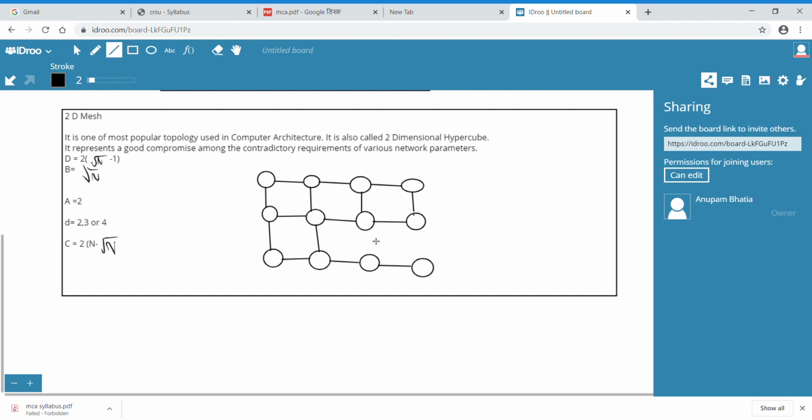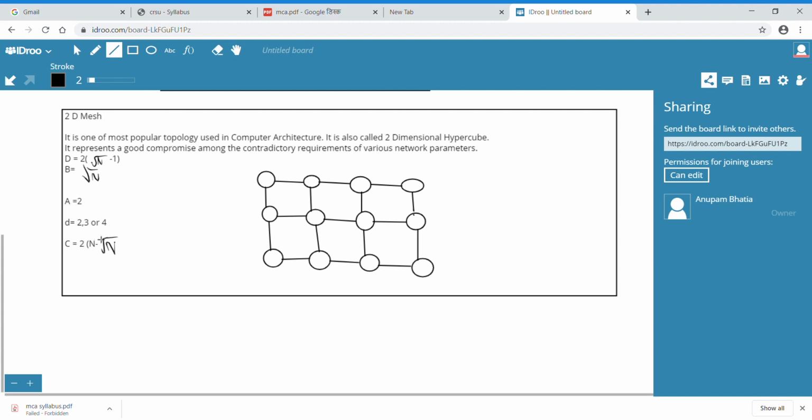These circles represent the nodes and the lines are basically connecting wires. Now see here, whenever you need to divide it into two different networks, you need to cut at least two arcs. Only then it will be split into two different parts.